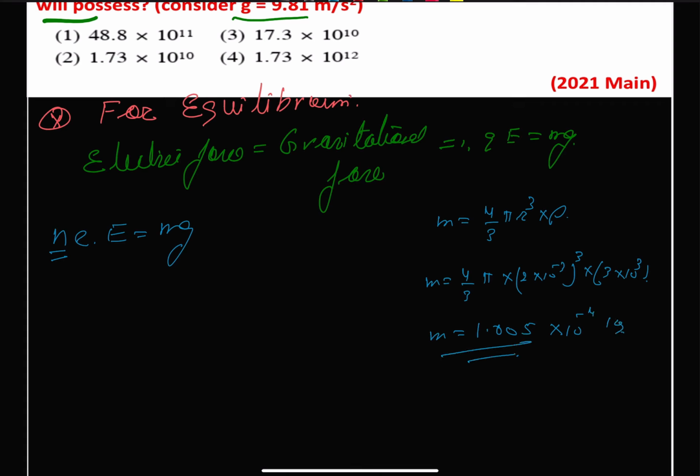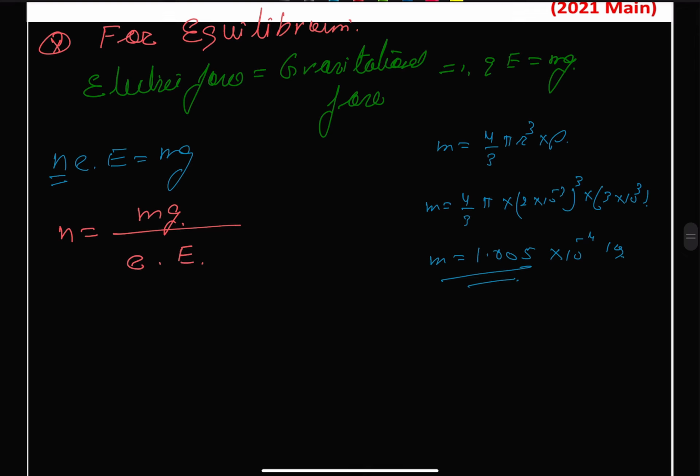So we need to find the value of n, and we can say that n is equal to mg divided by charge on electron multiplied by electric field. Mass we just found out, we substitute the values: 1.005 into 10 to the power minus 4, g is 9.81, 1.6 into 10 to the power minus 19, and the electric field is given to us as 3.55 into 10 to the power 5.